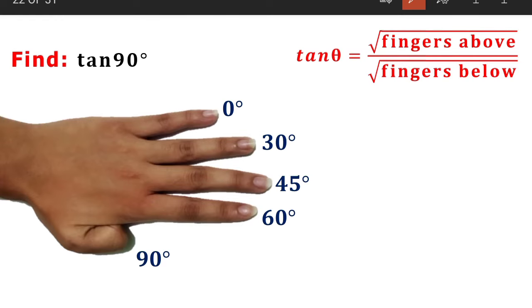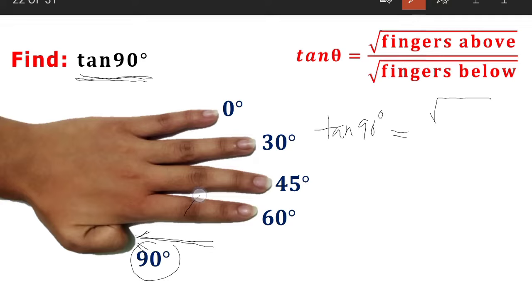So let's say you are going to find tangent 90 degrees. So where is your 90 degrees? Remember that 90 degrees is represented by our thumb. So here. So you are going to fold your thumb. So we have to write here tan 90 degrees equals the square root of how many fingers above 90 degrees. So how many fingers above 90 degrees? We have to count 1, 2, 3, 4. So we will write here 4 over square root of fingers below.